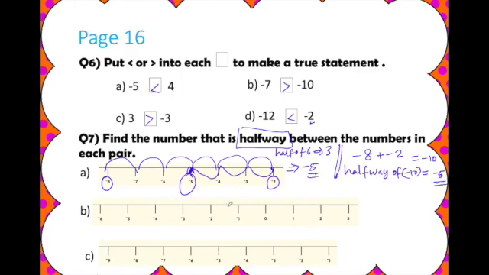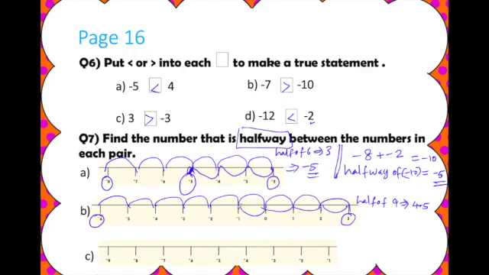That's another method. Once again, let's see question B in the same method using a number line. Steps 1, 2, 3, 4, 5, 6, 7, 8, 9. So we moved 9 steps forward, and you know half of 9 is 4.5. So we have to move 4.5 steps back. 1, 2, 3, 4.5. So here is 4.5. And be careful, what number is it? When you find what number is in between, you have to look at the numbers on the left and right.